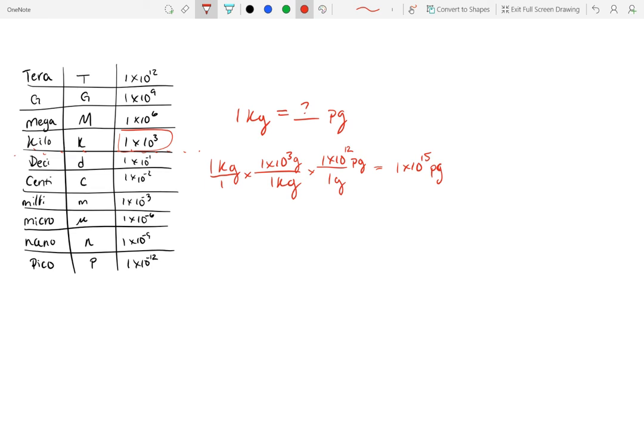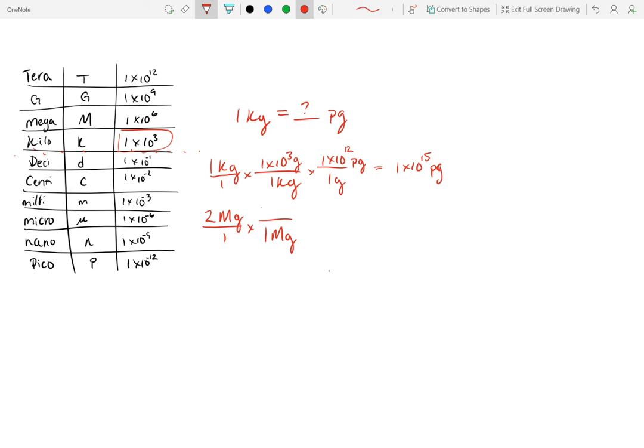Okay, so let's do a little bit more conversions here. We're going to figure out how many... okay, so let's say we have 2 megagrams, and we're going to try and convert that into, let's say, gigagrams, right? So let's see, in 1 megagram, let's convert back down all the way to grams.